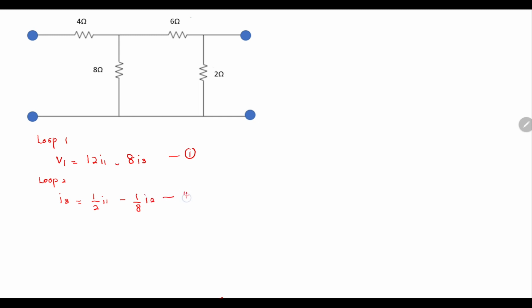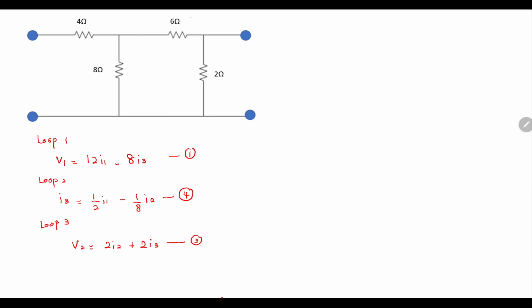This one is equation 4. Remember that? For loop 3, you got V2 equals 2I2 plus 2I3. This one is equation 3.